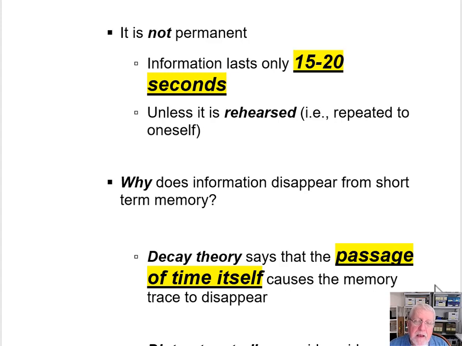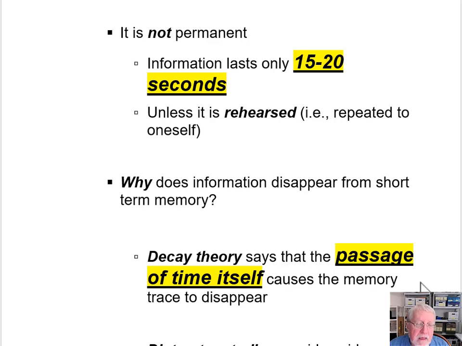Decay theory says the passage of time alone can make the information fade. A minute ago, we said that information fades in about 15 to 20 seconds. And if you're not doing anything to rehearse that information, the information will decay and go away.